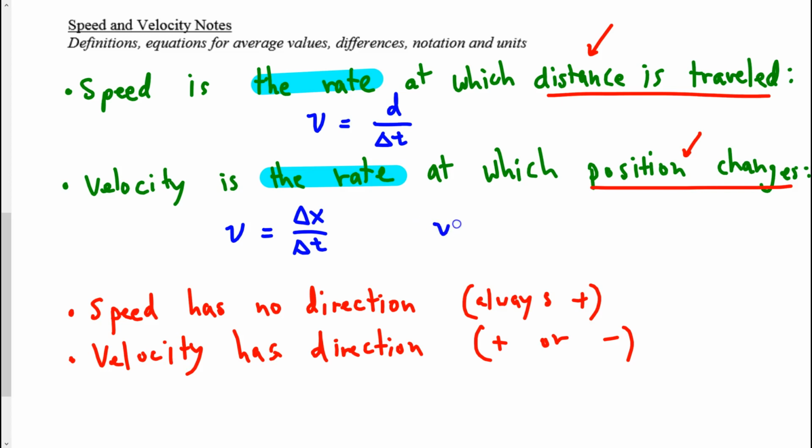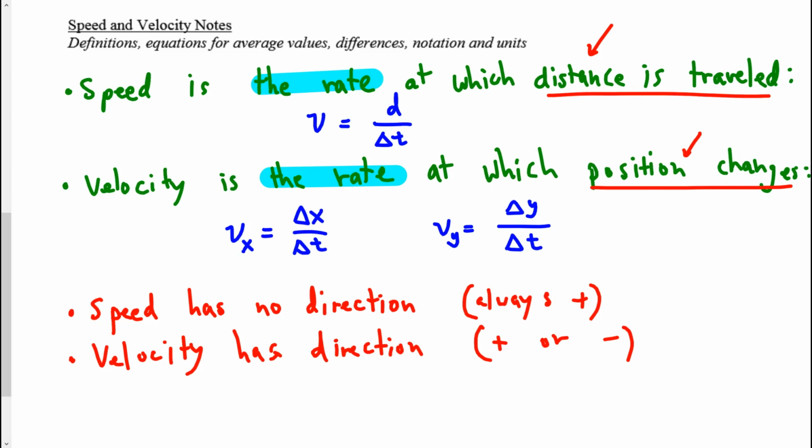But we could also have, for velocity, the rate, so delta t down below, the rate at which vertical position changes, or general position. We'll write down just these two for now. We'll get back to general position in Unit 2. So on the left side, we need to distinguish by putting a subscript of x. Here we put a subscript of y.